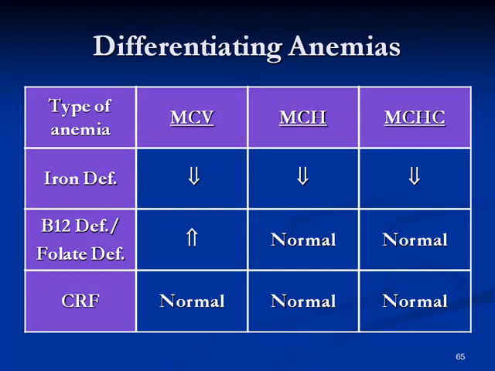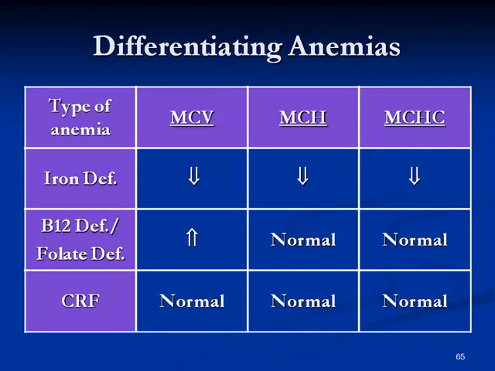But what those components are involved in is completion of the cell, closure of the cell at the end of development. And so what happens is the cell sits in the bone marrow, growing and growing and growing, continuing to grow as it's waiting for the B12 and the folate to come and finish it off. So it gets bigger and bigger and bigger.